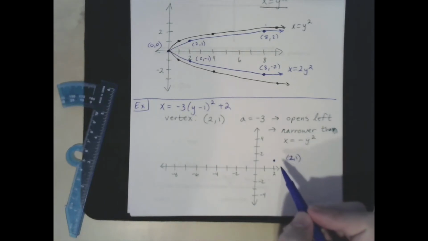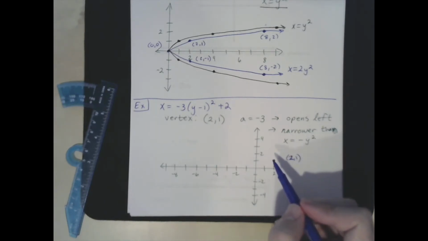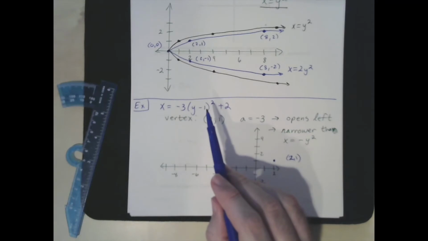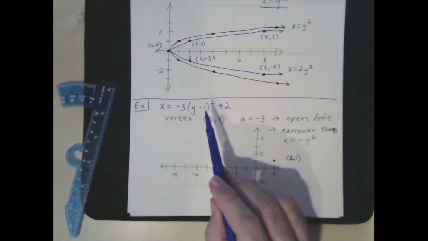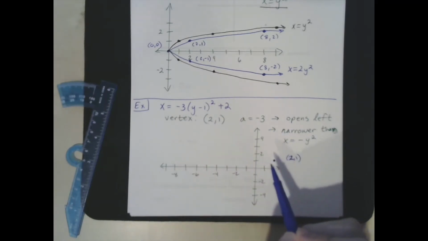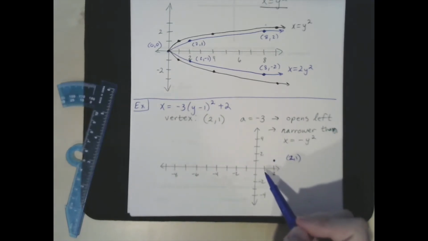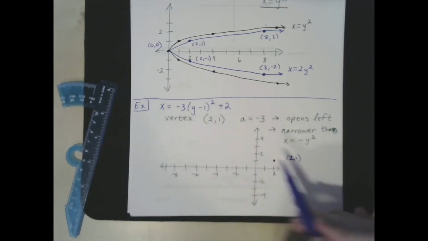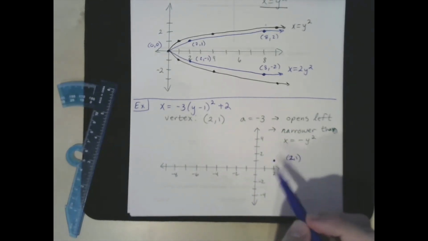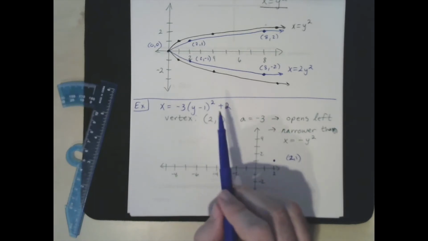Now an easier way to do this is you could just plot some points if you really wanted to. So we know 2, 1 is the new vertex. So if we plug in 1, we could get some points. The big thing here is what's going to give us the 0.